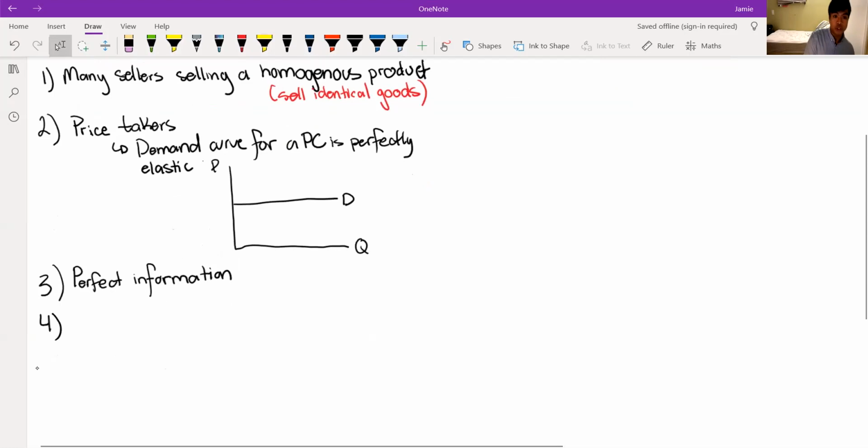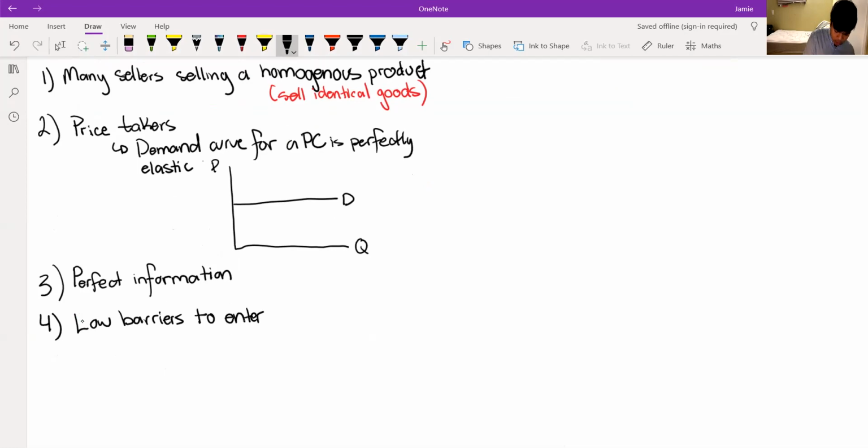Another assumption of the model is low barriers to enter and exit, meaning the startup costs are really low. For example, a very popular perfectly competitive market structure would be agricultural. To set up my own farm wouldn't take huge capital investment compared to, let's say, the telecommunications industry.